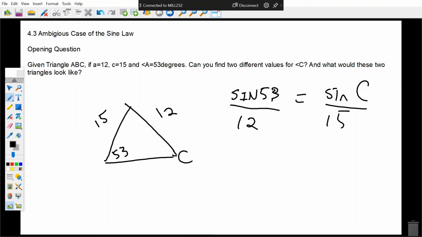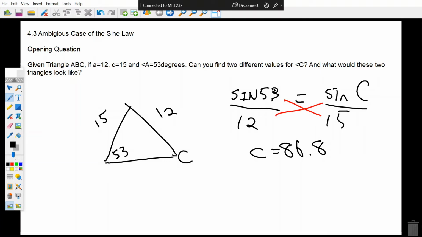If I were to cross multiply and divide, I'd go 15 times sine 53 divided by 12, second function sine, answer. And I would get C as 86.6.